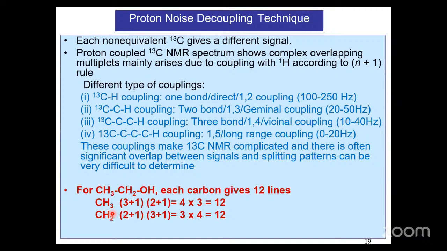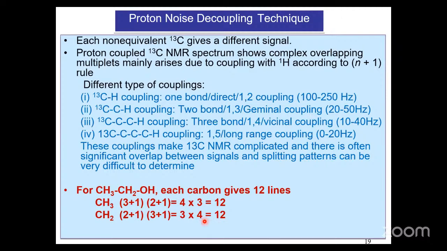Why 12? Because this carbon is directly attached to 3 hydrogens, so according to the n plus 1 rule, 3 plus 1. And for two bond coupling, when this carbon is coupled with these hydrogens, the number of hydrogens is 2, so 2 plus 1. So 4 into 3 gives 12 lines. Coming to the methylene carbon, it is directly attached to 2 hydrogens, so 2 plus 1, while two bonds away there are 3 hydrogens, so 3 plus 1, giving 12 lines.